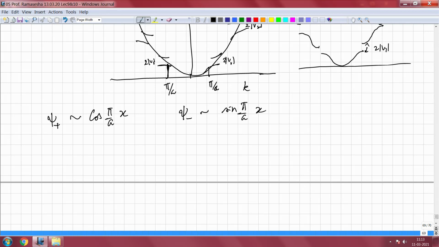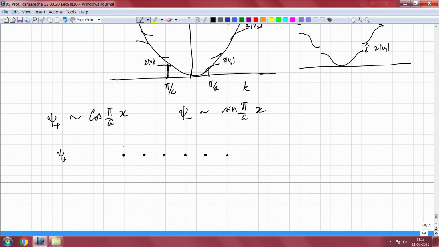Now, let us plot these two things. If I am trying to plot psi plus, then at x equal to 0 it is maximum.